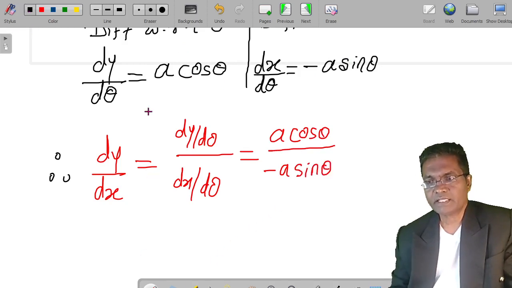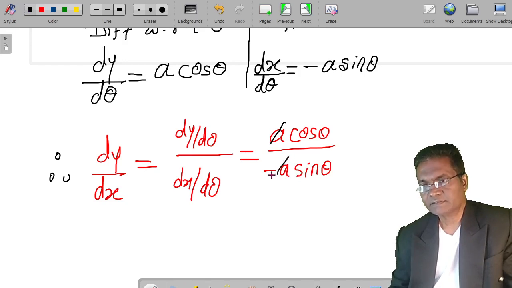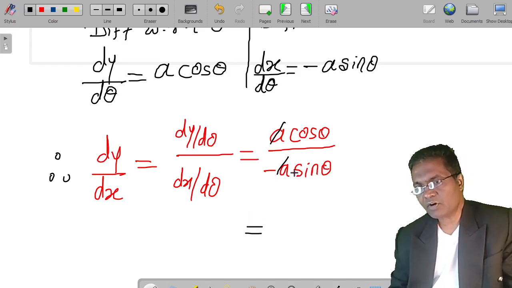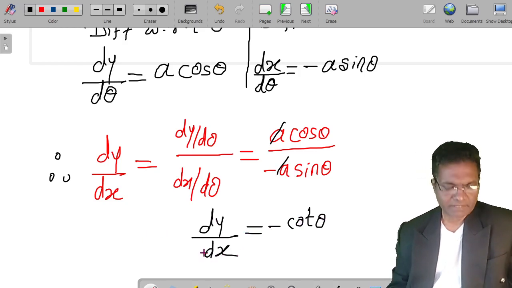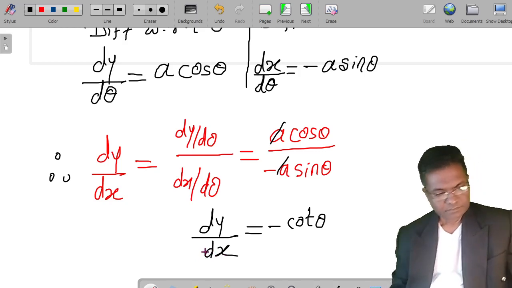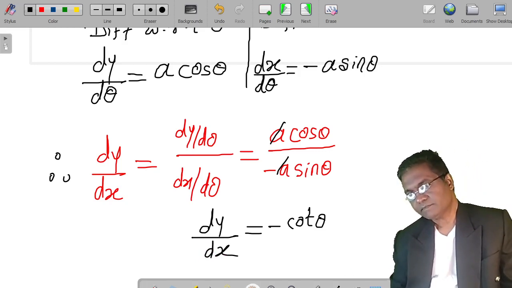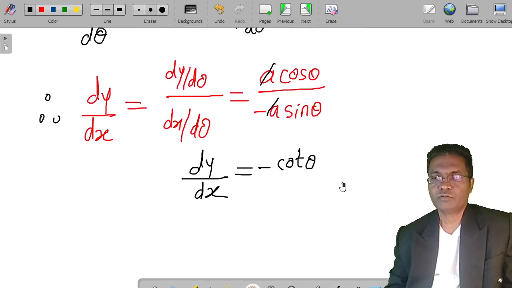So a cancels. So cos by sine is cot, and minus 1 is there also. So minus cot theta. So this is your dy by dx. Okay, very simple example I have taken. So please note down.